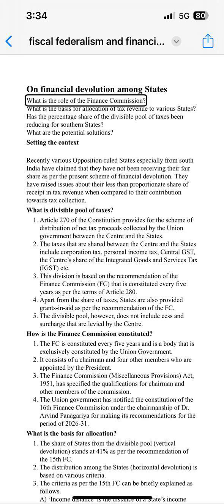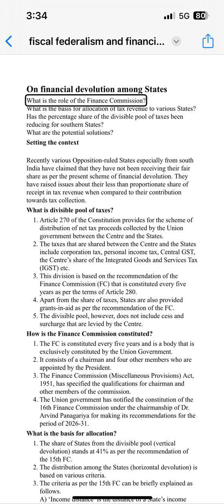We have already seen 15 finance commissions and their recommendations. And the 15th Finance Commission has laid down 5 criteria based on which the tax revenues of the center should be shared with the states. The central government must share its net tax revenue with the states based on these 5 criteria. 1.